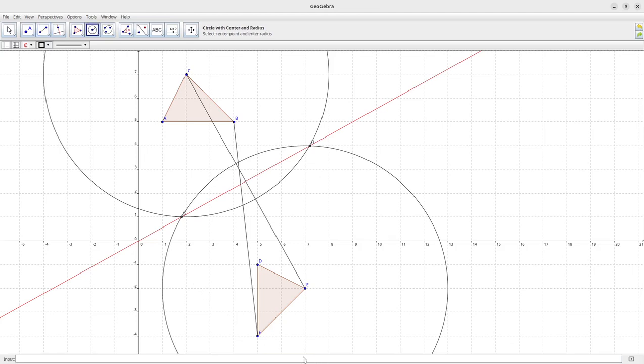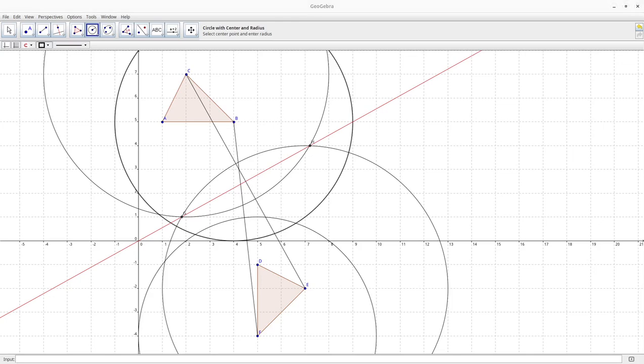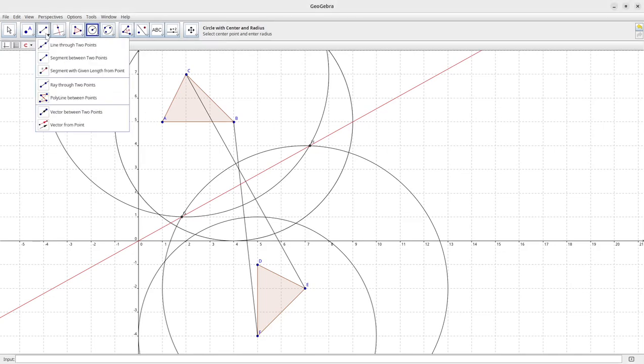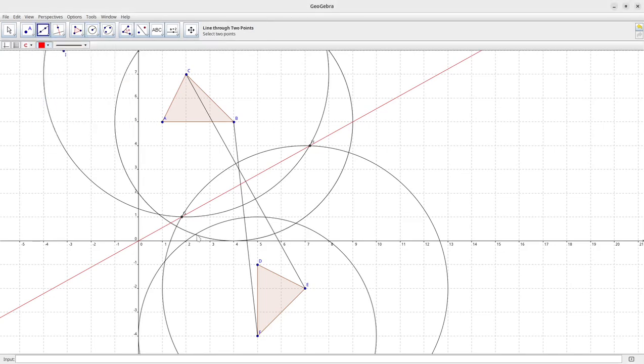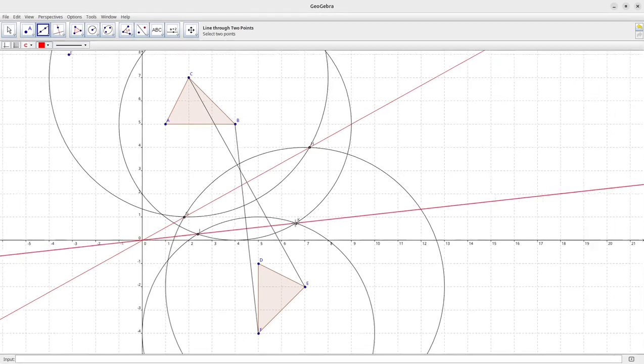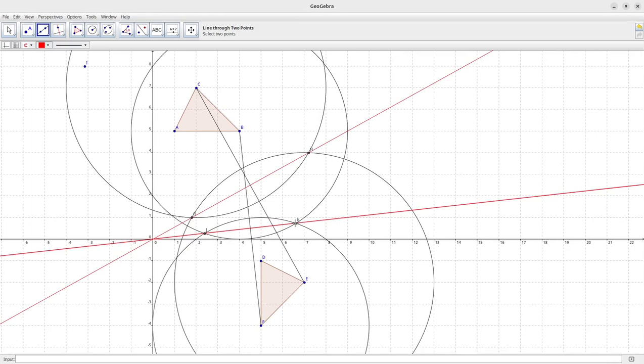Let me draw this one with radius 5 and another one with radius 5, and they are meeting there. Let me join the line segment connecting those two. And they are meeting at (0, 0). So that is telling us that the center of rotation is at (0, 0).